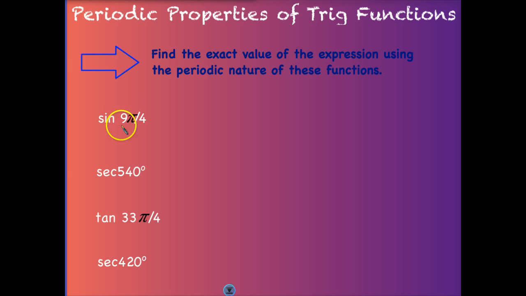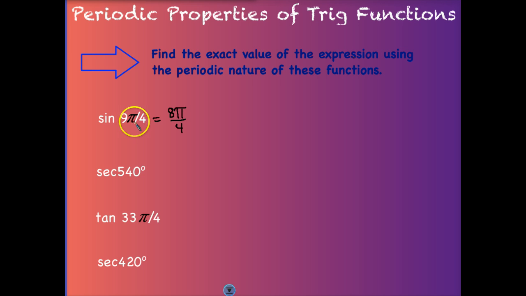So 9 pi/4, this is sine. Sine has a period, remember, of 2 pi. Now what we want to do is pull out periods of 2 pi. We have a denominator of 4. So in order to get 2 pi, we have to write that as 8 pi/4. That simplifies to 2 pi.